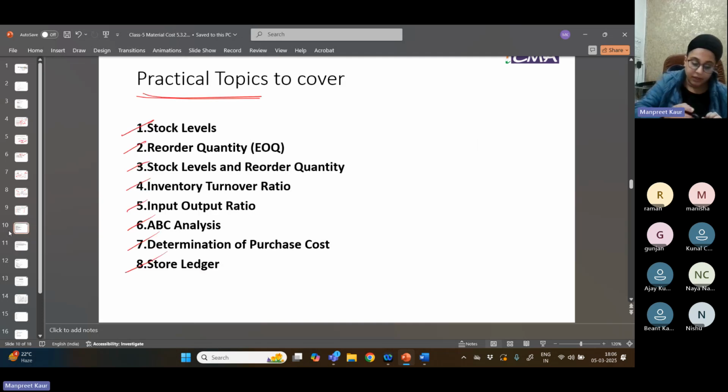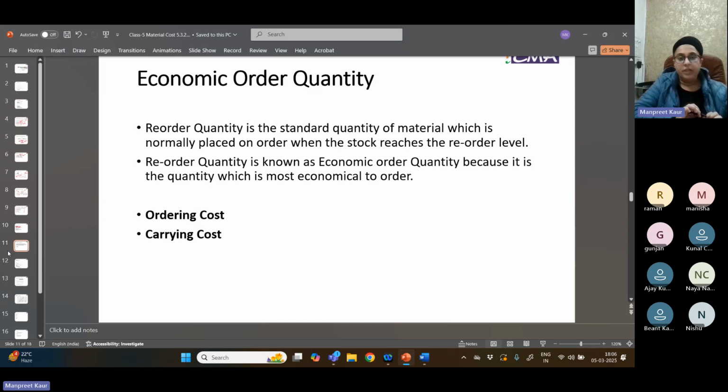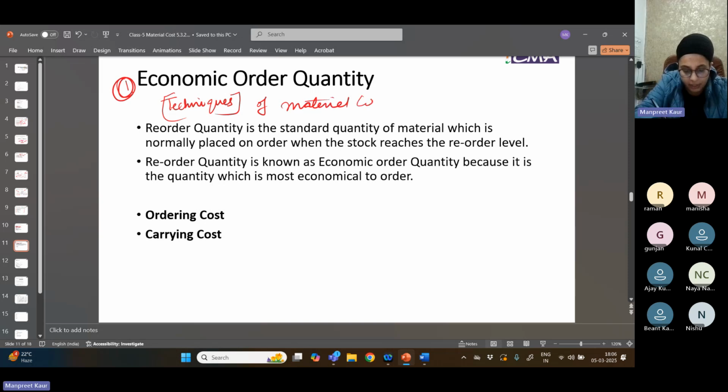First of all, the practical topic which in today's class we will discuss is the EOQ. What does EOQ mean? EOQ is the economic order quantity. The first practical topic today, technique of material control.